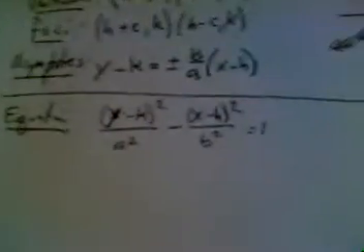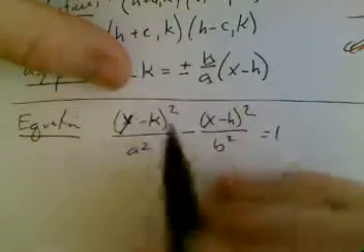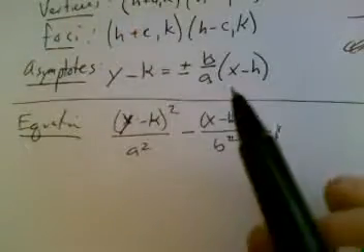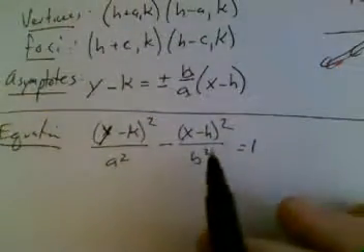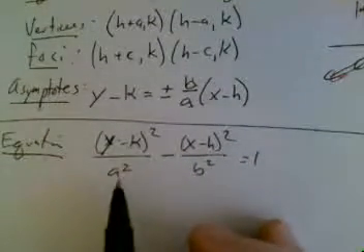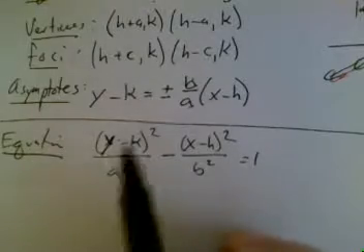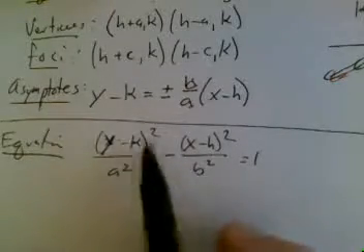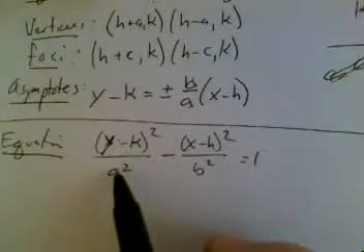You can do this however you want, as long as you understand that the positive term we're going to put first, and the negative term would come second. Notice the positive term is under the y, so that means my transverse axis will be in terms of the y-axis.